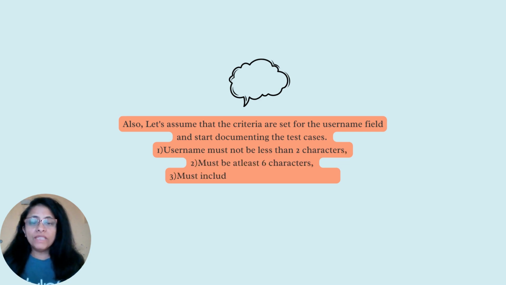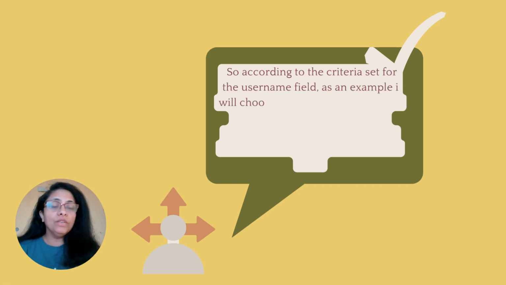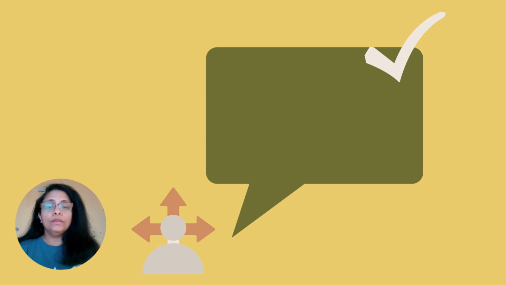And third, must include only letters and numbers. So according to the criteria set for the username field as an example, I will choose my username as Sona23, right? Because it is more than one character, then it is of 6 characters, which includes letters and numbers both.